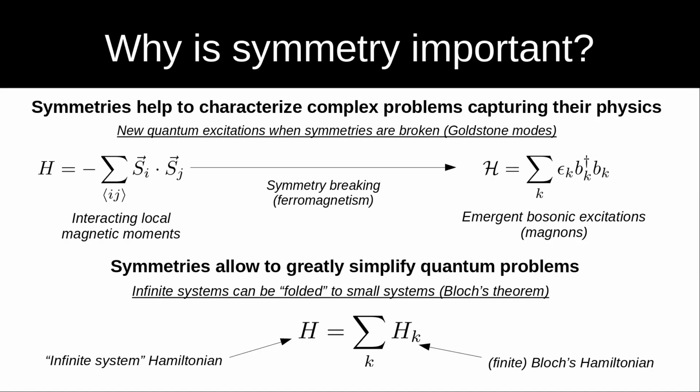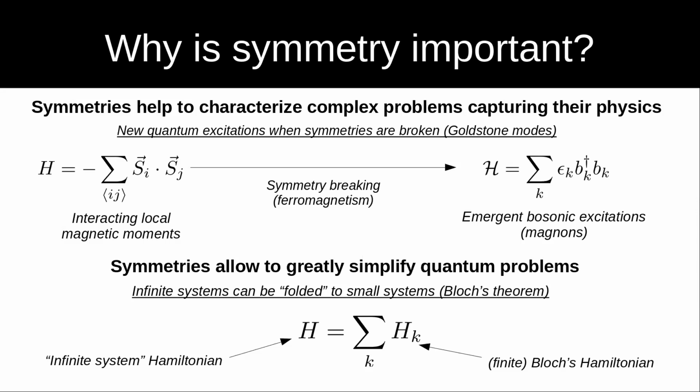This emergence of quasi-particles mostly appears if we have spontaneous symmetry breaking. In the following, let's assume that the symmetry of the solution is the same as the symmetry of the original Hamiltonian. And in this case, we can use symmetries to simplify the Hamiltonian. This corresponds to the hydrogen atom, for example, and infinite solids.